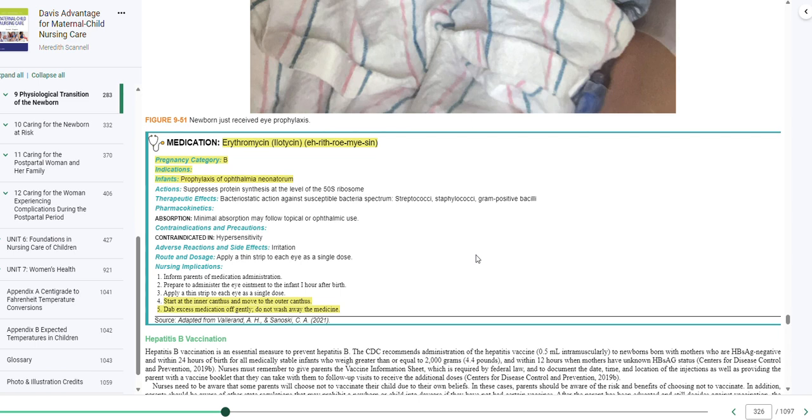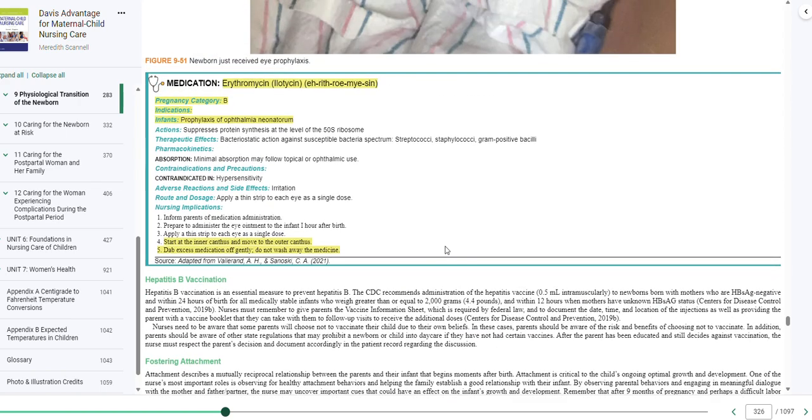It's very, very important for you not to touch the baby's eye with the tip of the ointment tube, okay? It's metal, it can scratch the baby's cornea. So you do not touch any part of the baby with that. You hold it up and away. You start with the inner canthus and go to the outer canthus without touching the baby. Okay? So, know that.